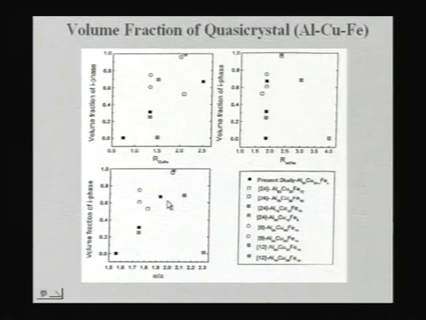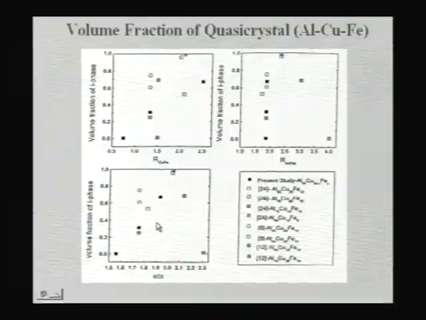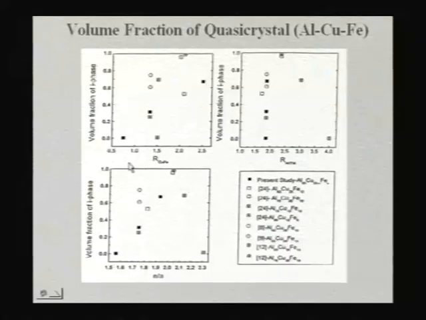Otherwise, if you are on either side, you get only a small amount of icosahedral phase, a nano-quasicrystalline phase, but not 100%. If one wants to get a bulk nanocrystalline alloy with 100% icosahedral phase, one has to choose the composition properly. This is very crucial.